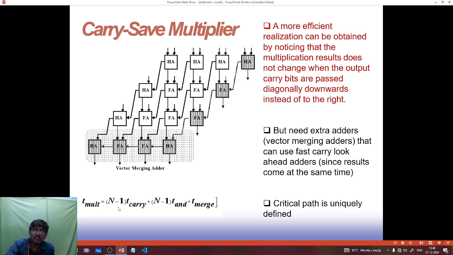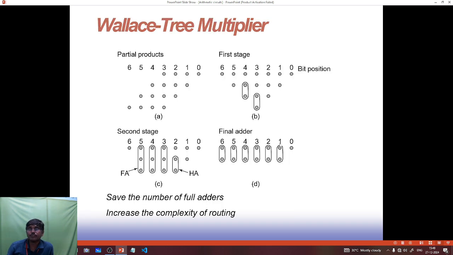So t multiplication is equal to (n-1) t_carry plus (n-1) t_and plus t_merge, but it needs extra vector merging adders that can use a fast carry lookahead adder, since results come at the same time. The critical path is uniquely defined. So this circuit will minimize the carry save operations.